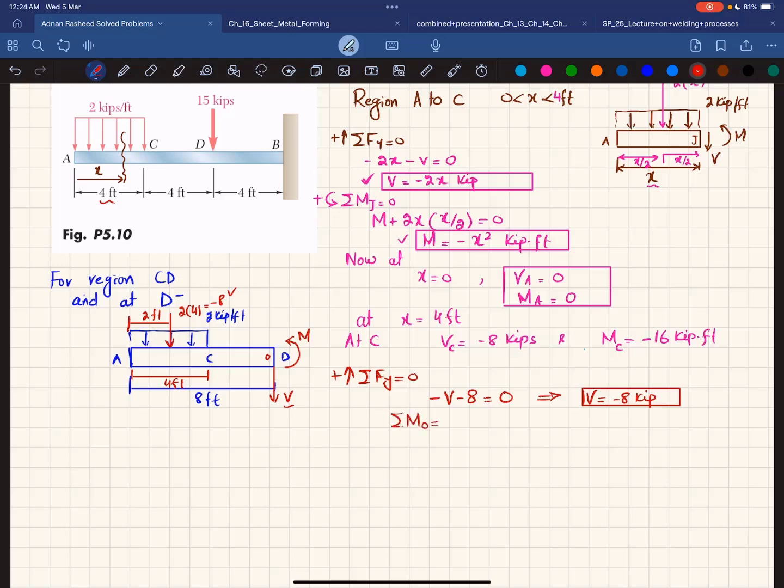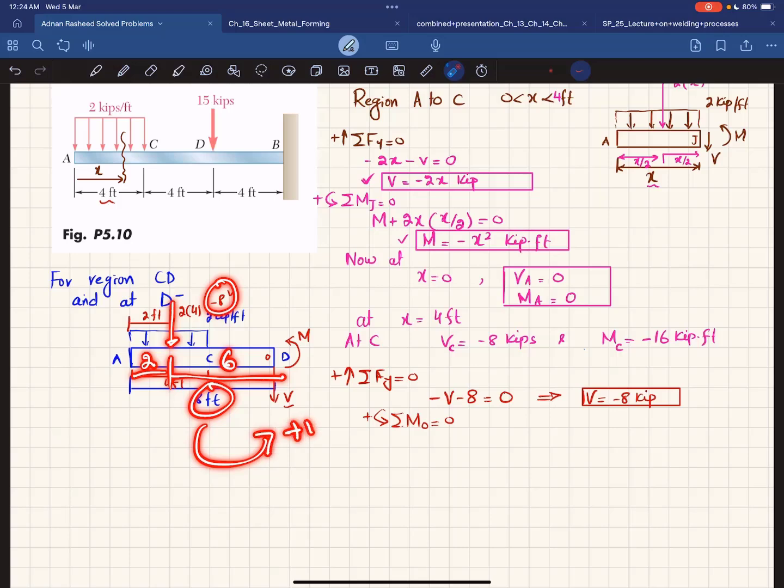For this moment, we will take the sum of all moments about point O is equal to 0, taking the counterclockwise moment as positive. The first moment is this moment M, which is counterclockwise. The second one is this 8 into the perpendicular distance. The total is 8, and this is 2, so this will be 6. This will be counterclockwise, so it will also be positive.